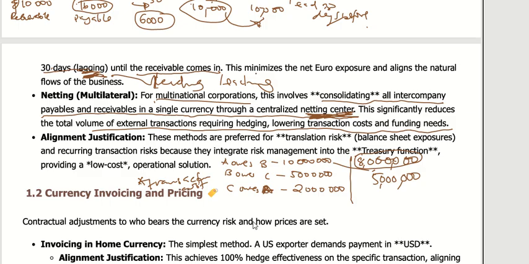And then C will get its 3 million, which is net of the 2 million that it has given out.